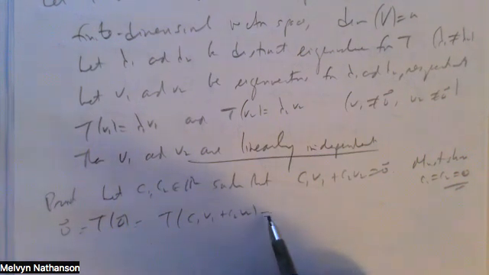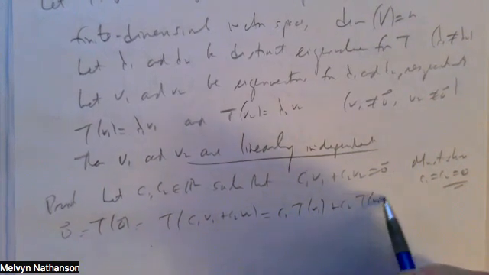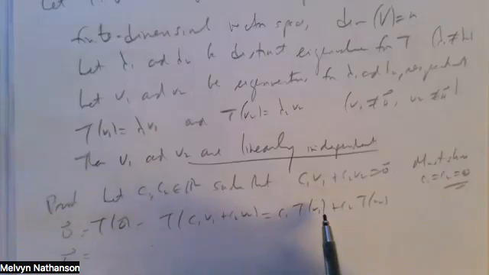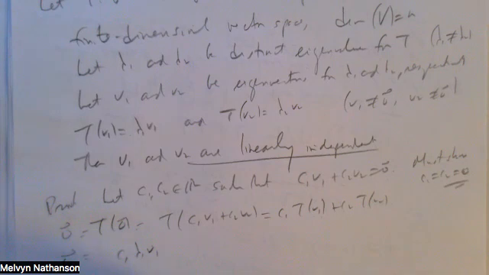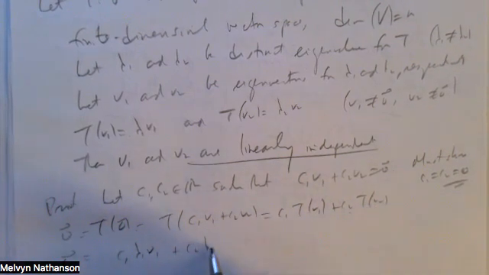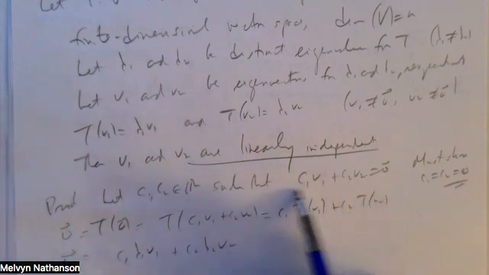And by linearity, this is C1 T of V1 plus C2 T of V2. T of V1 is lambda 1 V1. T of V2 is lambda 2 V2. So we have this equation. We also have this.